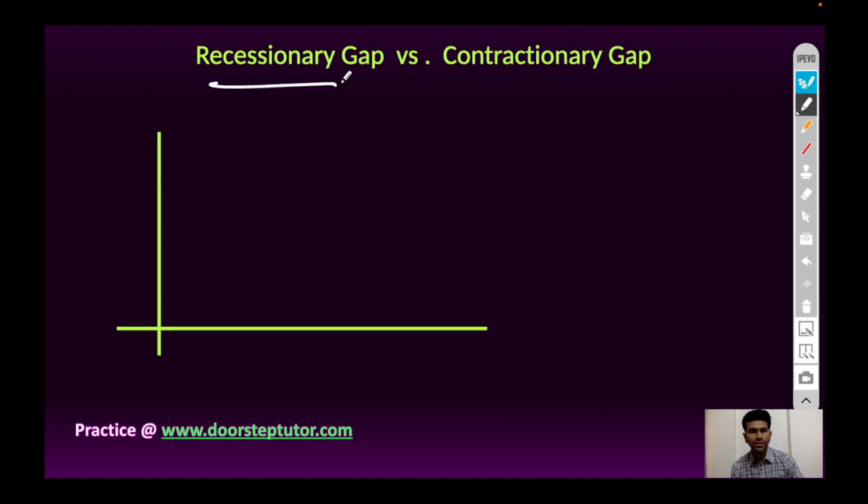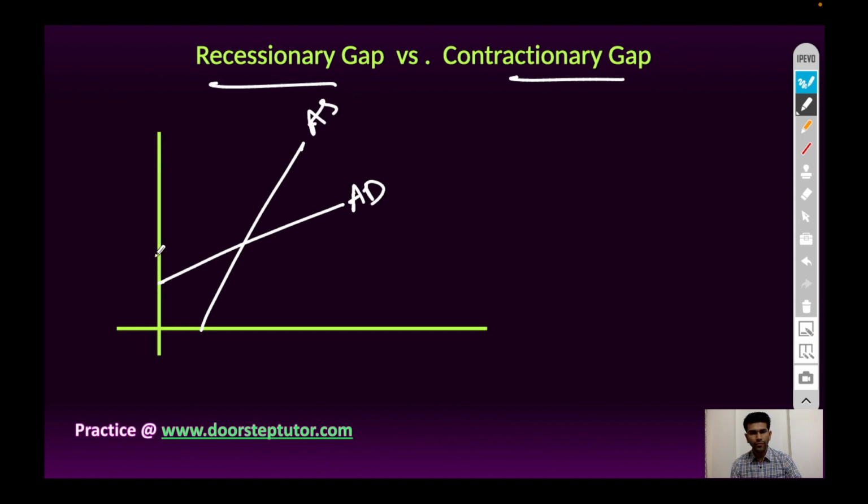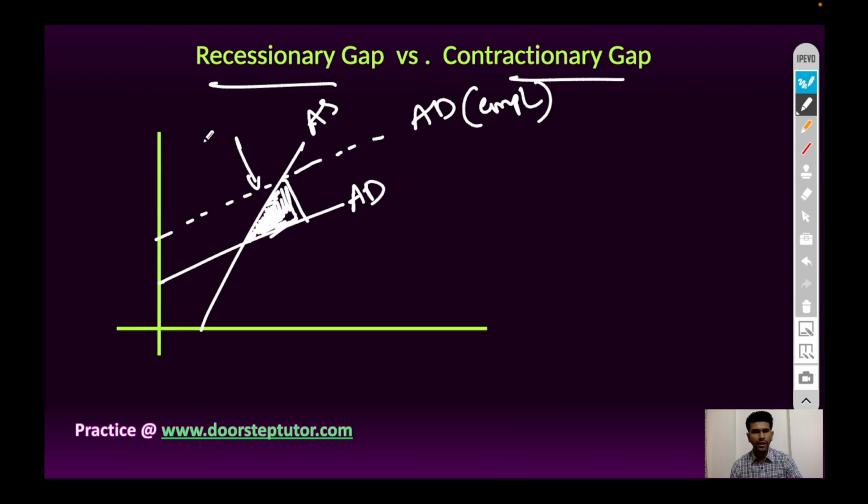So what is recessionary gap and contractionary gap? Say for example, this is aggregate demand, AD, and this is aggregate supply, and this is aggregate demand at full employment. So this area is called the recessionary gap.